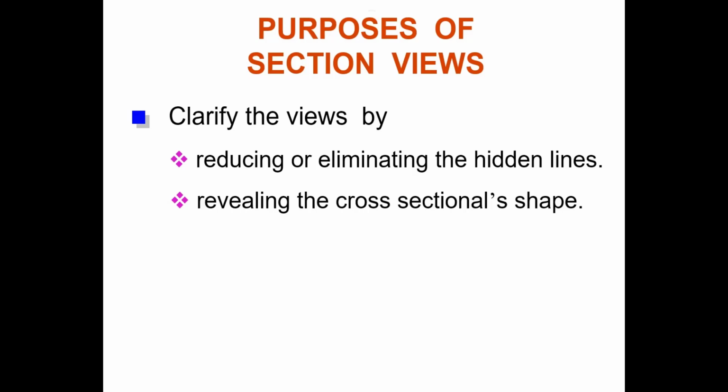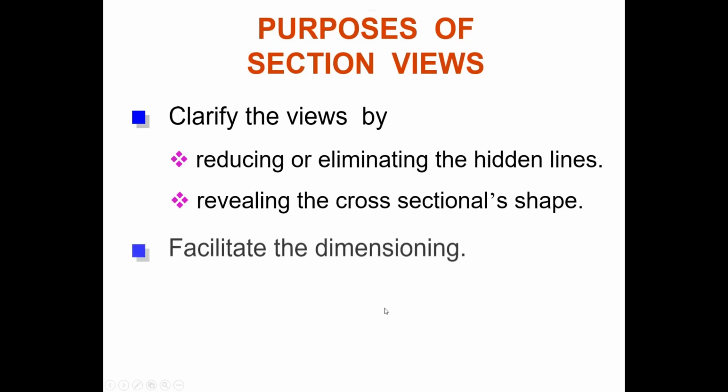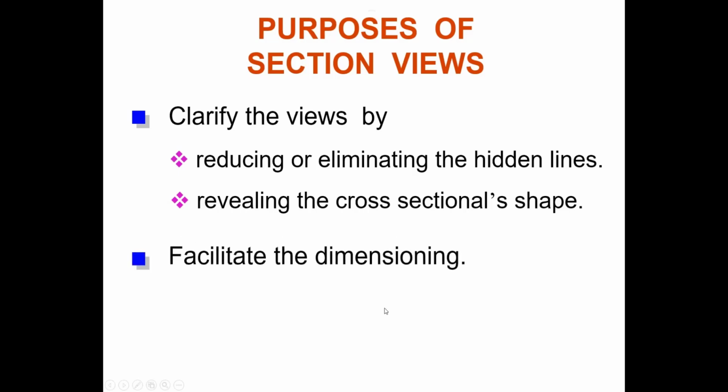That's the idea, to reveal the cross-sectional shape of your part. Also, remember about dimensioning, which I have already explained: when your orthographic drawing has front view, side view and top view with hidden lines, dimensioning actually tries to avoid dimensioning hidden parts, hidden lines.